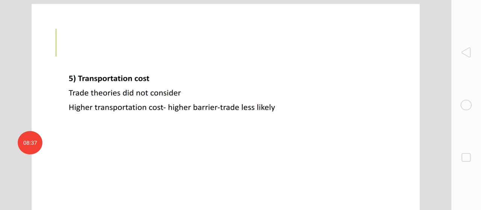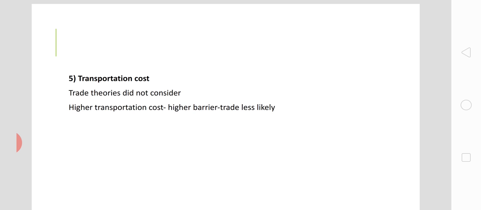So our last point is transportation cost. Transportation cost is an inevitable cost in modern day trade, but it was completely neglected by the trade theories. But transportation cost is a reality, and it has to be taken into account while defining the basis of international trade.